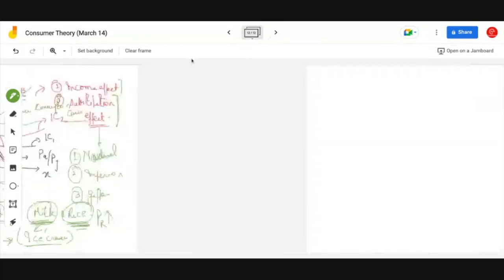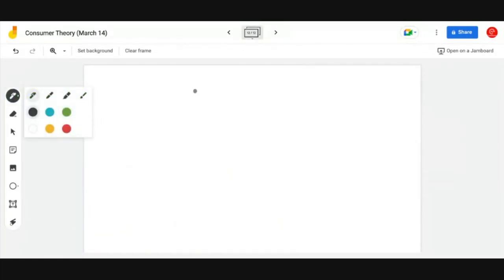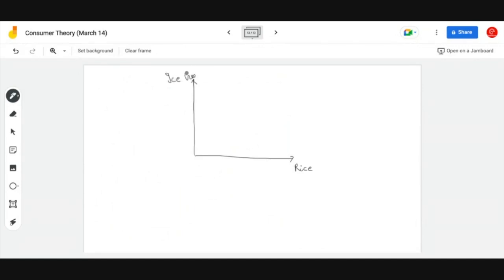So if we want to draw an indifference curve, let's say this is your rice and this is your ice cream. And let's say this is a budget line, we have something like this.